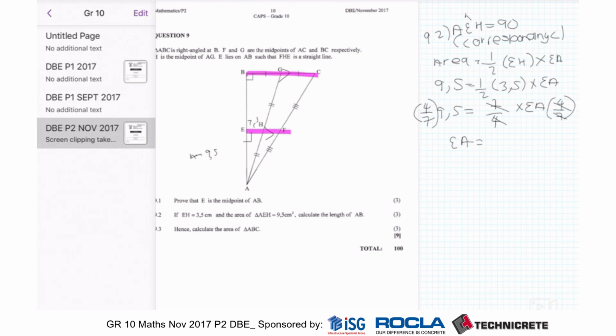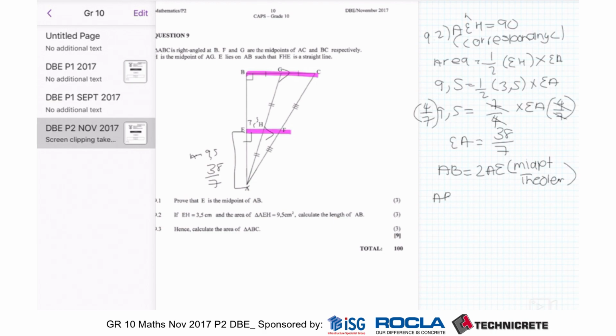4/7 times 9.5 is 38/7. I'm not going to round off just yet. Okay, so I found EA to be 38/7. And because of midpoint theorem, I know that AB is equal to 2 times AE.